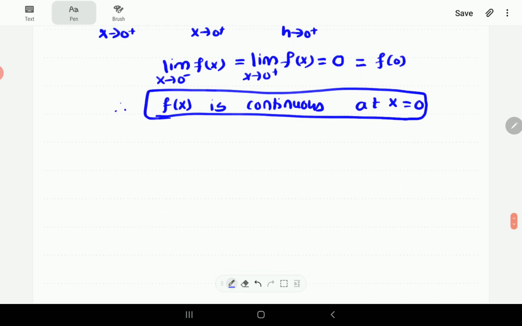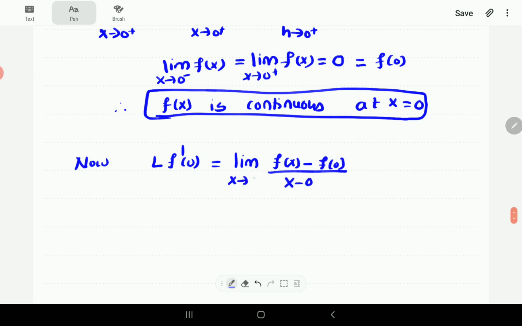Let's check that. For that, let us take the left hand derivative. As I told you, we can also denote it by f prime of 0. This is equal to the limit, by the definition of derivability at a point, of f of x minus f of 0 divided by x minus 0, as x tends to 0 minus, because it is a left hand derivative.